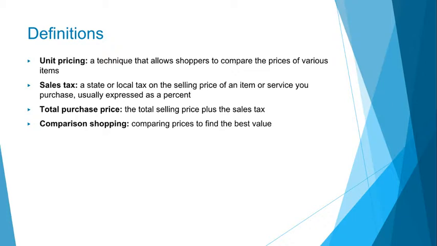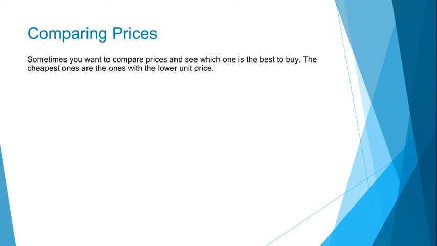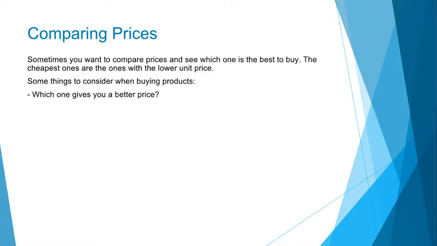So those are the 4 definitions that we need to know for lesson 12 in order to be able to complete some problems. So let's start with comparing prices. Sometimes you want to compare prices and see which one is the best to buy. The cheapest ones are the ones with the lower unit price. Some things to consider when buying products: which one gives you a better price, because of course you don't want to spend too much money on it.